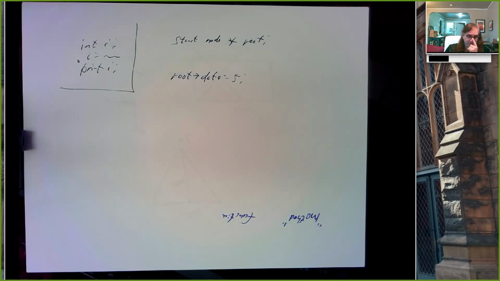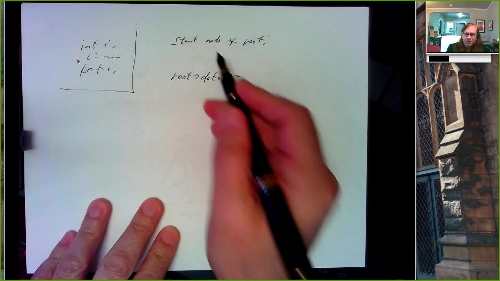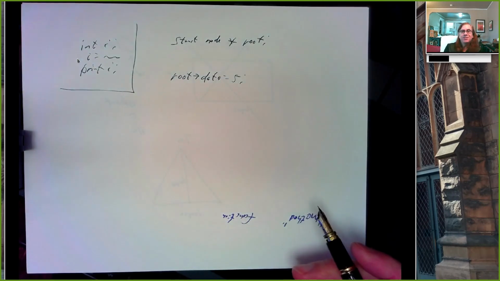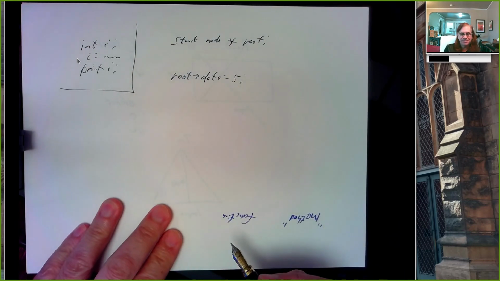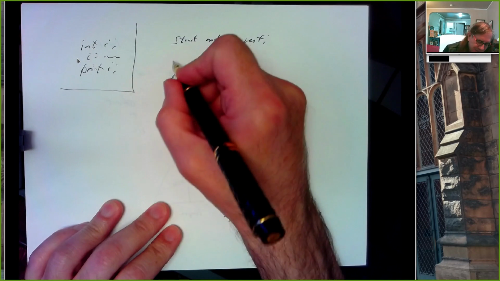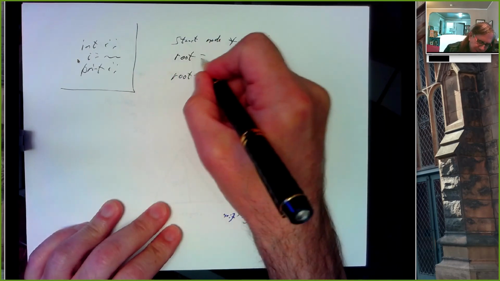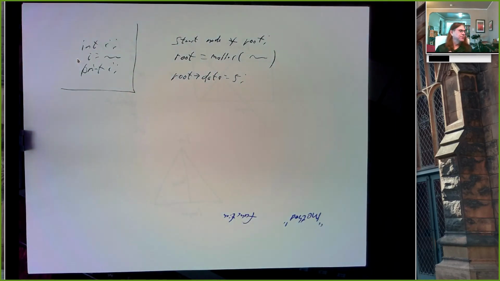This will probably segfault on us, because we've told the compiler root is a pointer to a struct node, but we haven't given root a value. Which means root is probably null, and when we try to dereference null, we get a segfault. So just like we need to give i a value here, we usually need to do something like root equals malloc, such and such.